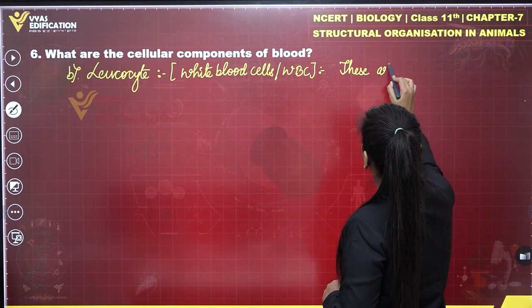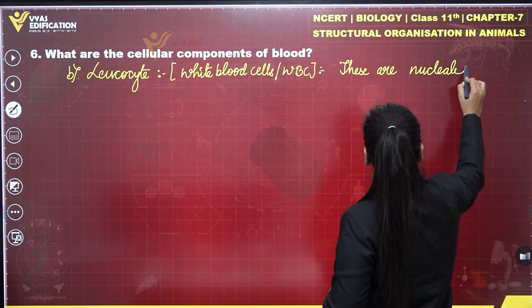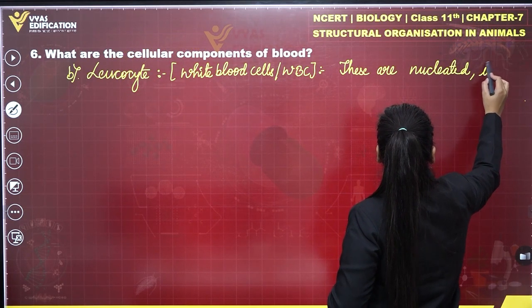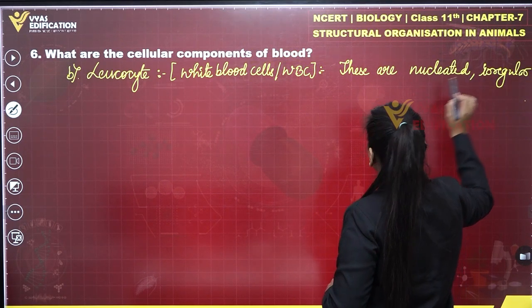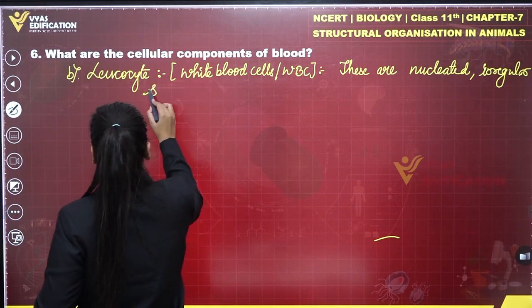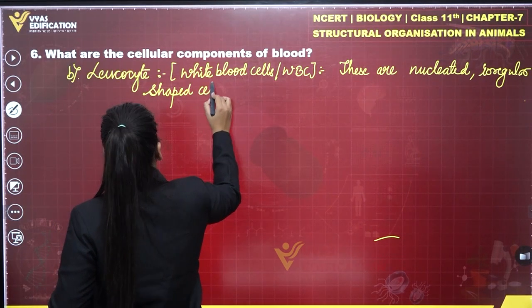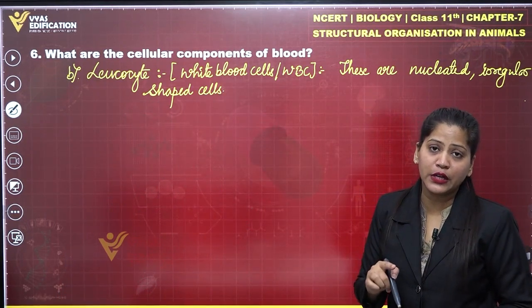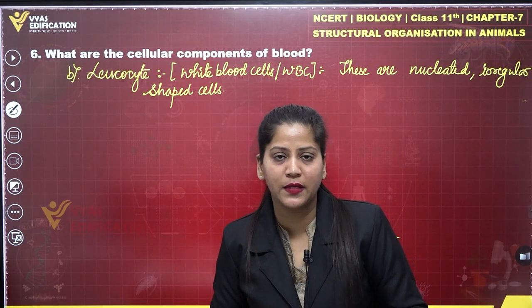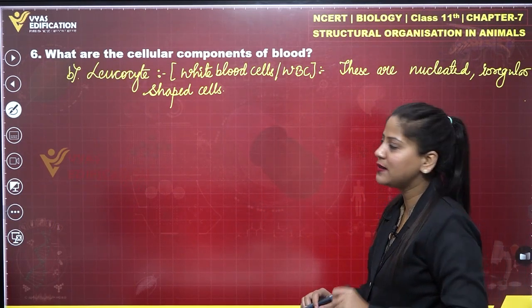These are nucleated, irregular shaped cells, right? Leukocytes are irregular in shape, there is no fixed shape, and they have a nucleus in them, so they are nucleated cells.